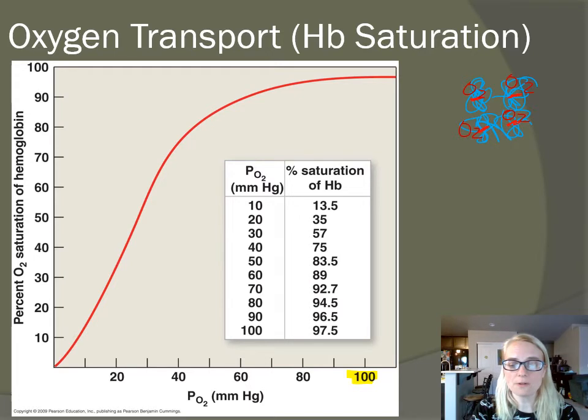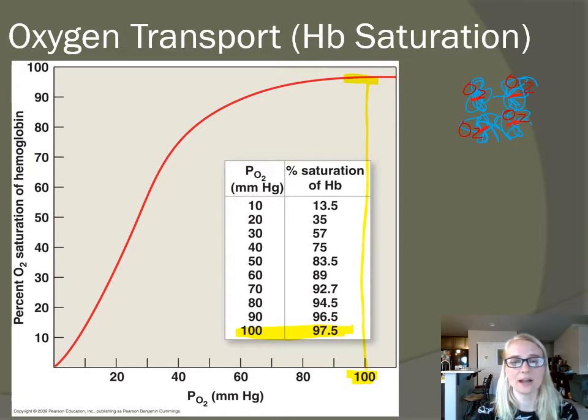If we follow that up to about right here, we can see that a partial pressure of 100 is about 97.5, 98% saturated. So most of your hemoglobin is going to have almost all of its heme units bound to oxygen.